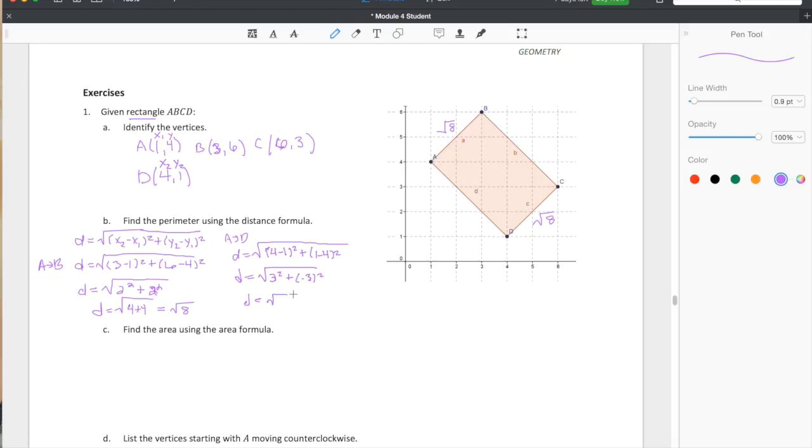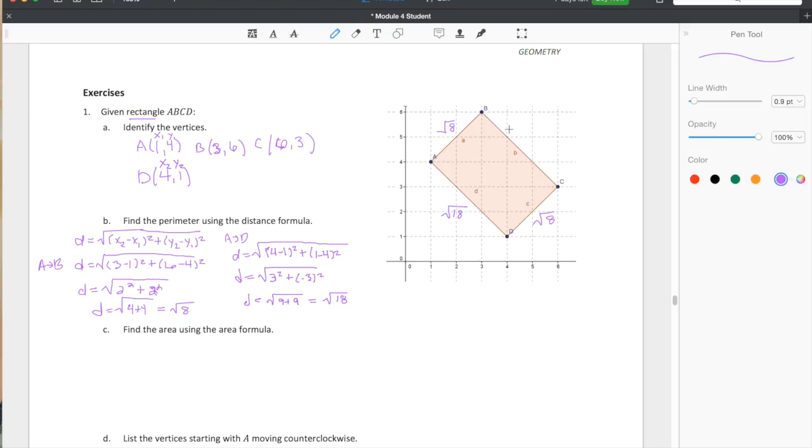So D is equal to the square root of 9 plus 9. So that is equal to the square root of 18. So that means that the distance between point A and point D is the square root of 18.